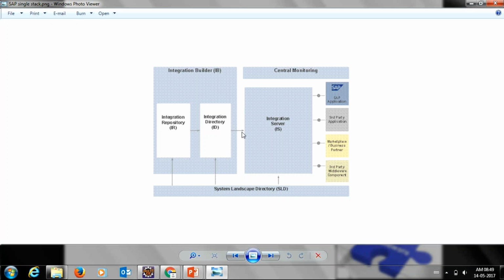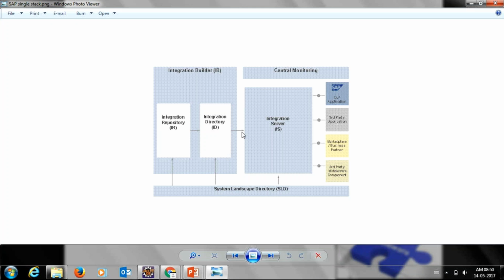The cons, if you were coming from the dual stack, would be that you did not have the ABAP mapping, you were not having the CCBPM, and also the configuration was simpler for IDocs in dual stack.